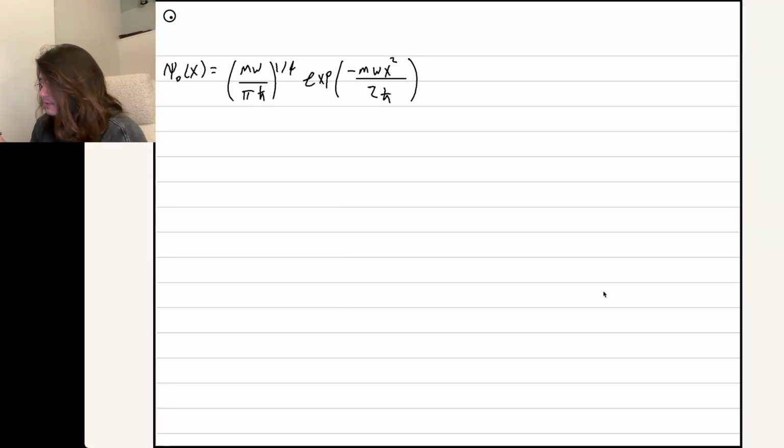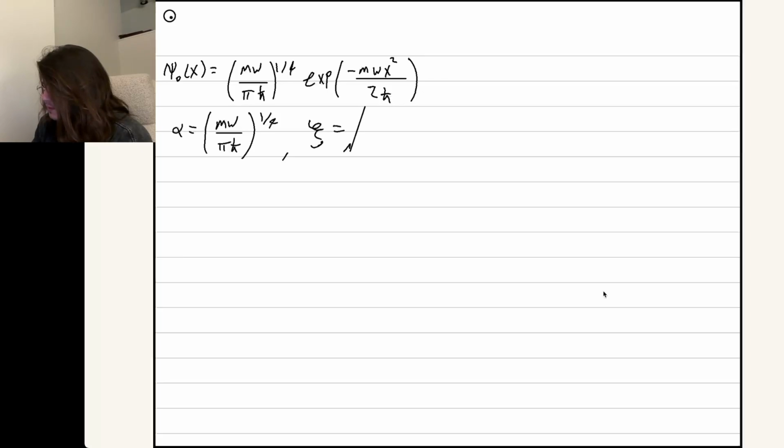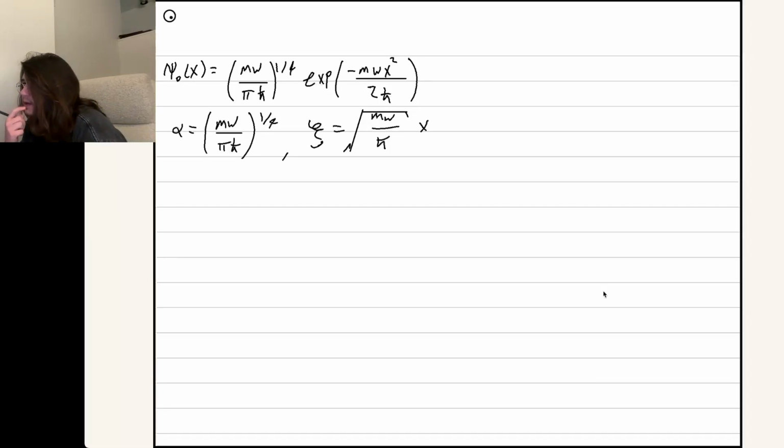Griffiths gives us a couple of different definitions of variables to work with in this problem, and I'm going to use those as much as I can. So we have alpha defined as (m omega over pi h bar) to the 1/4, so this prefactor, and we have c defined as the square root of m omega over h bar times x.